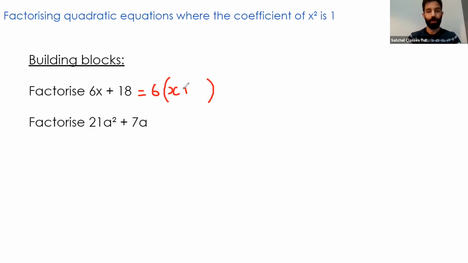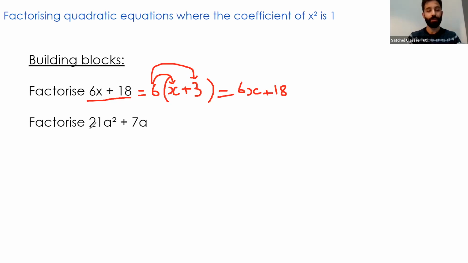Well, that's going to be positive 3. So we have just factorized this expression here. And if we were to expand this again, we should get what we originally started. So 6 times x will give us 6x, and 6 times 3 will give us 18.